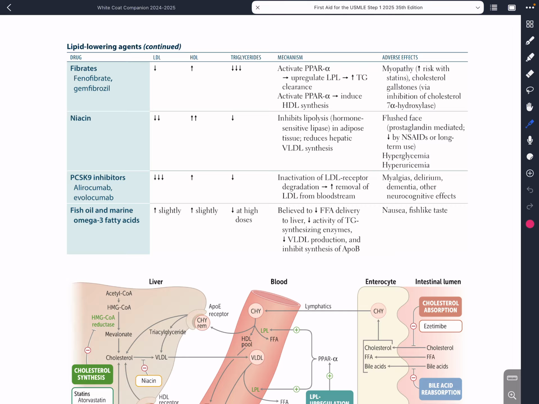It also decreases the activity of triglyceride synthesizing enzymes, decreases VLDL production, and inhibits synthesis of ApoB lipoprotein. The adverse effect of fish oil is nausea and a fish-like taste. Again, LDL and HDL are slightly increased, and triglycerides are slightly decreased.